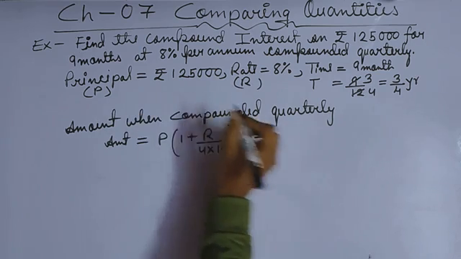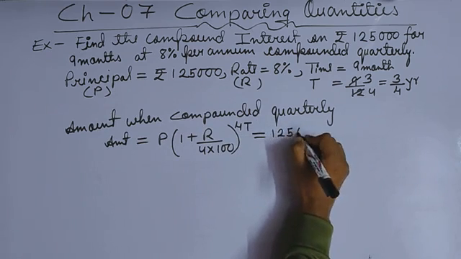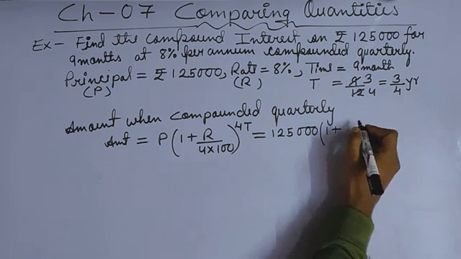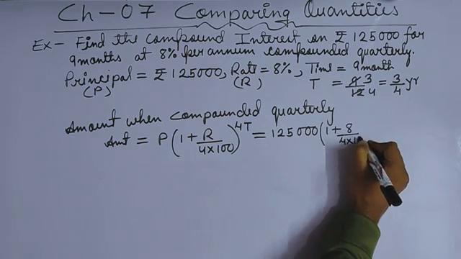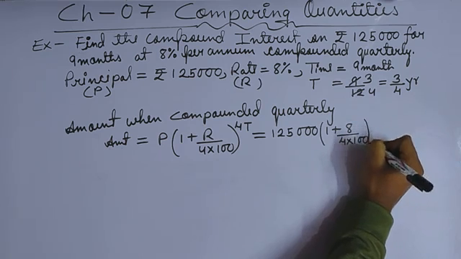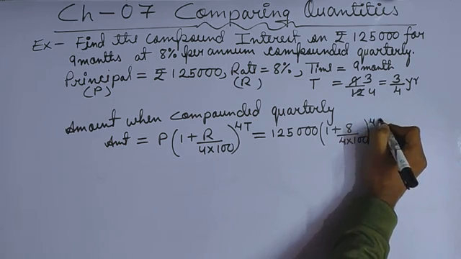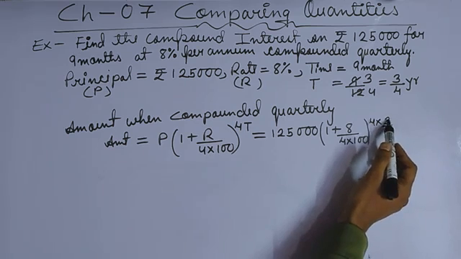When we put these values in this format, this becomes 1,25,000 times (1 plus 8 upon 4 multiplied by 100) to the power 4 multiplied by 3 upon 4, since T is 3 upon 4.